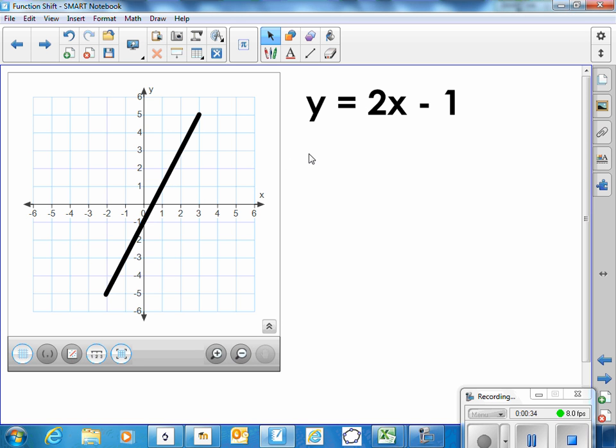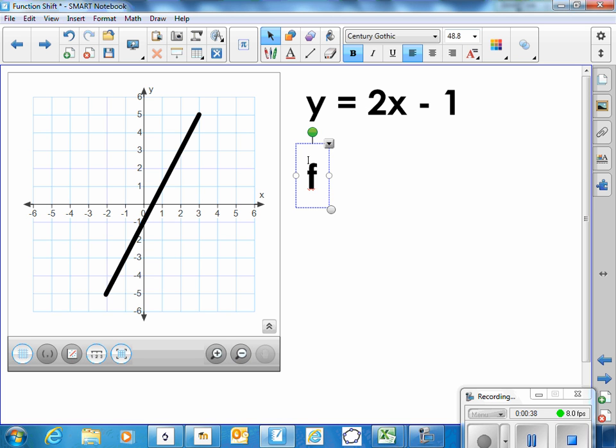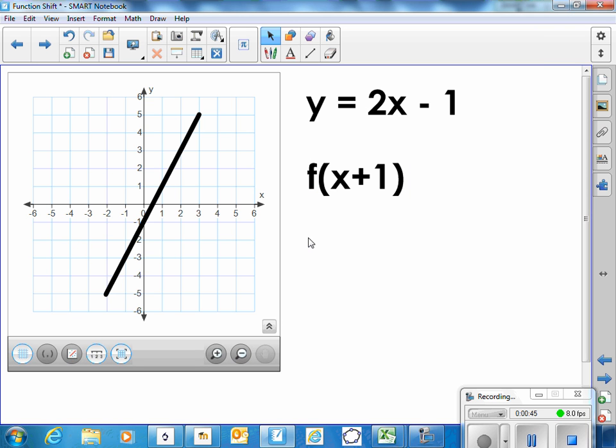If we change that function to f of x plus 1 instead of f of x, that means when I put in an x of 0 and add 1, multiply that by 2 and subtract 1, then y has a value of 1.